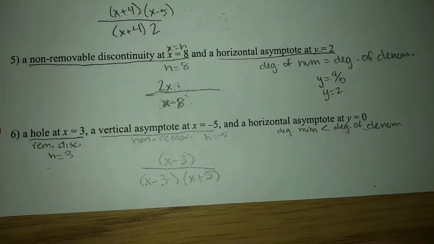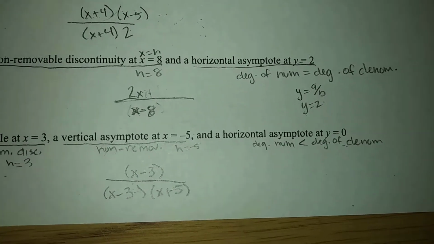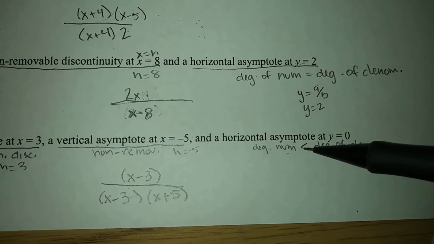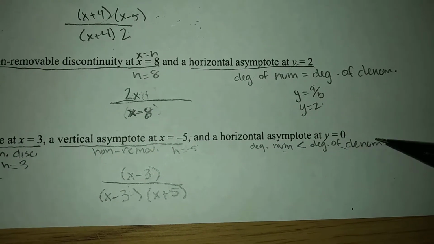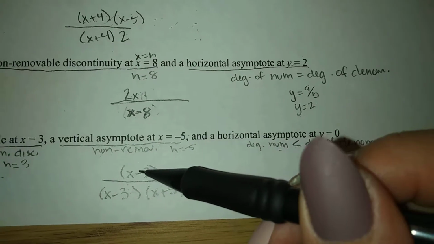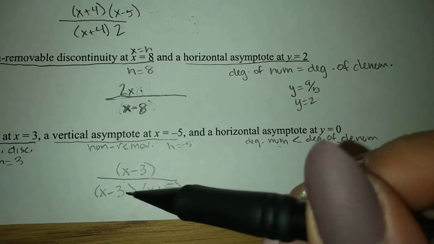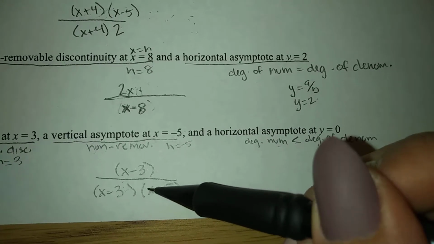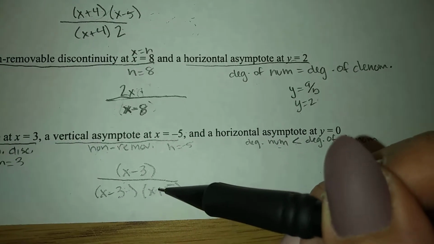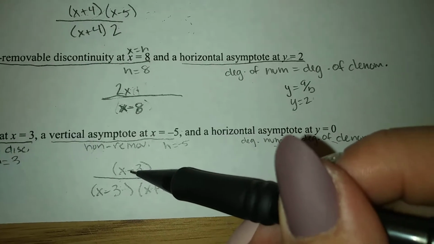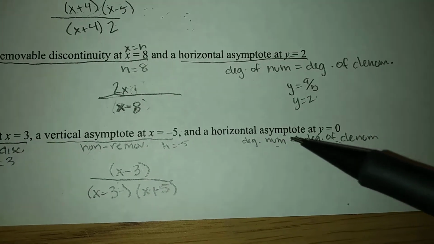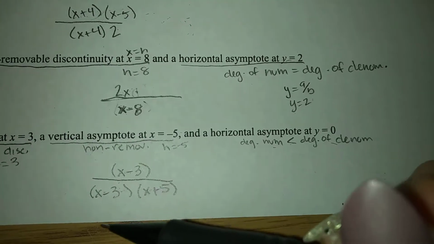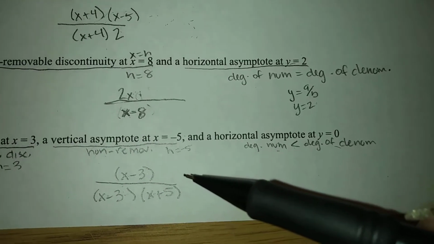And now my last requirement is that the degree of the numerator is less than the degree of the denominator. So here I'll only have one x, and here I'll have two x's. So I know my degree on the bottom is 2, and the degree of my numerator is 1. So this checks out. I don't have to add anything else.